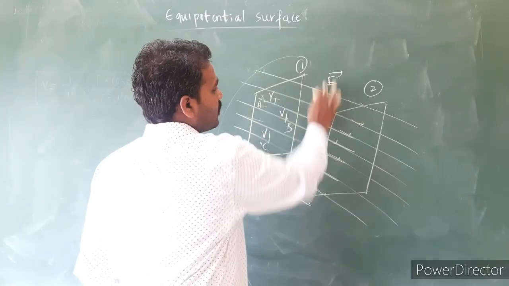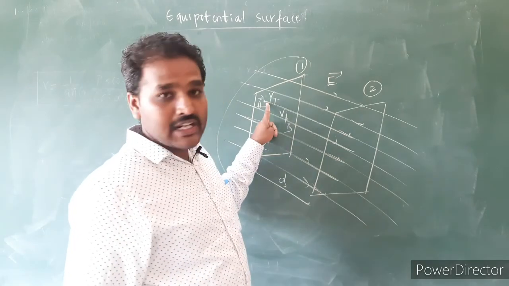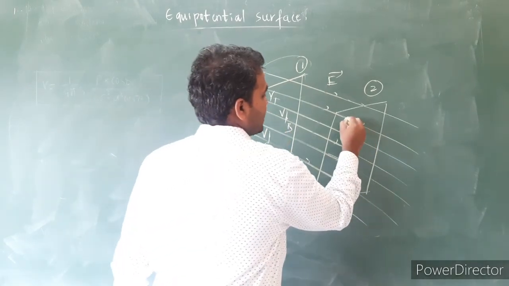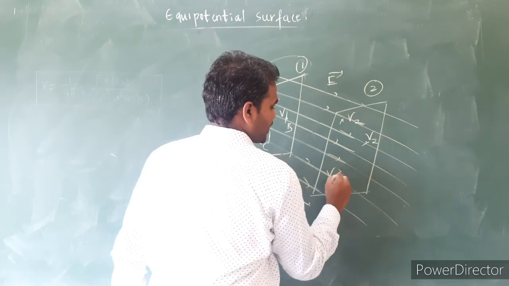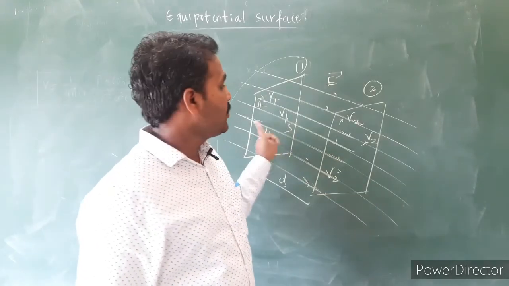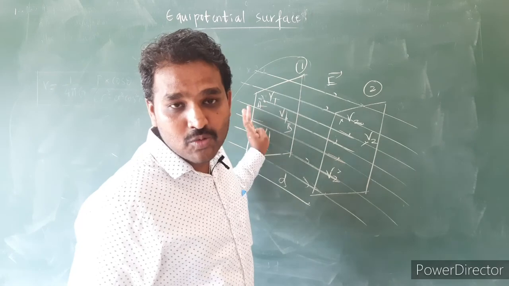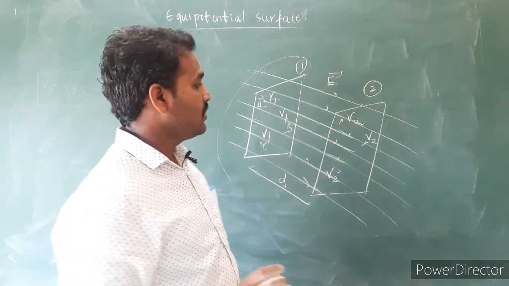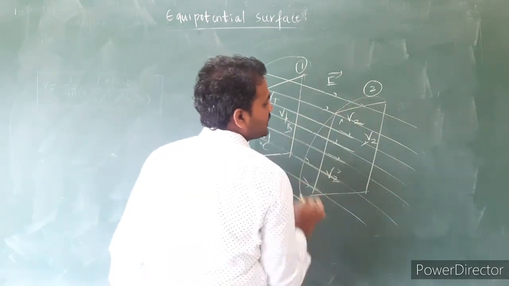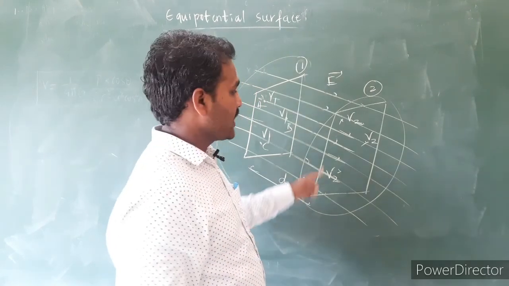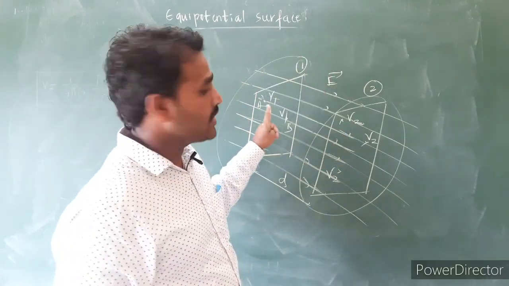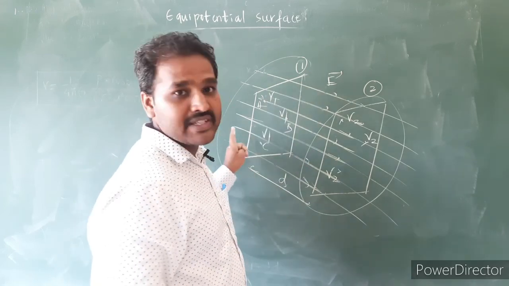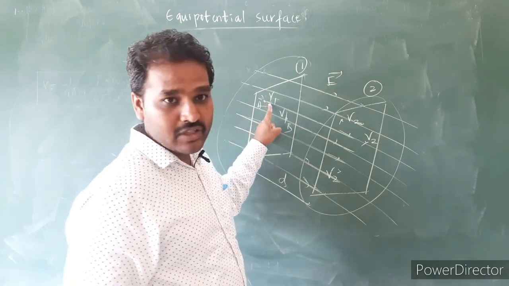All over this first surface, our electrostatic potential will be V1. Similarly, all over this surface 2, the electrostatic potential will be V2. V1 will not be equal to V2 because both are at a certain distance. Okay. But every point on this second surface will have the same electrostatic potential of V2. Every point on this first surface will have electrostatic potential of V1.